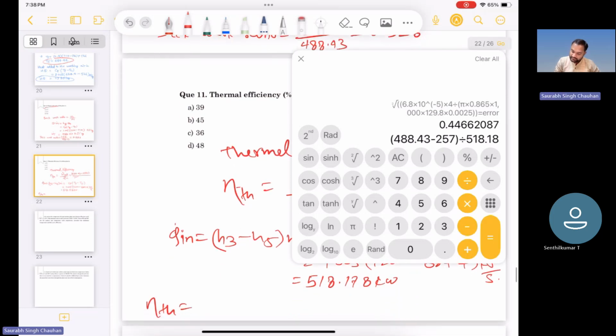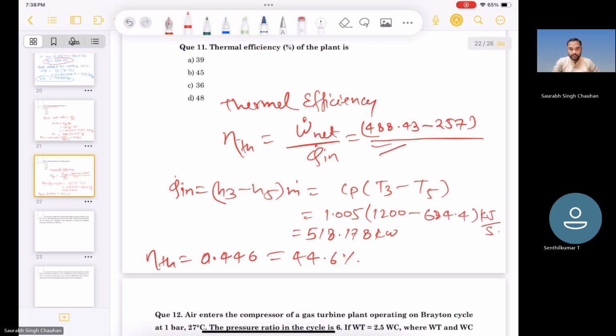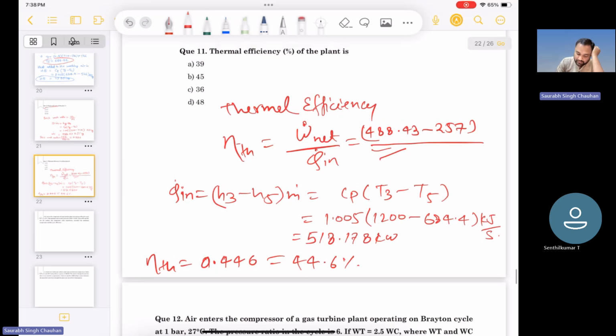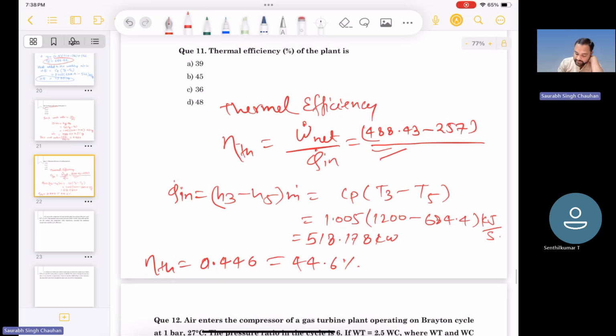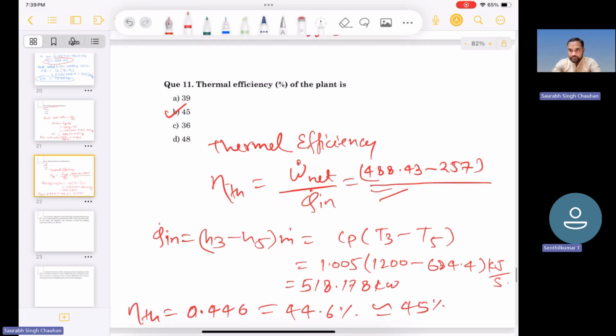So it is approximately 0.446, so it is 44.6%. Okay, so the closest value is 45. So option B should be the correct option.